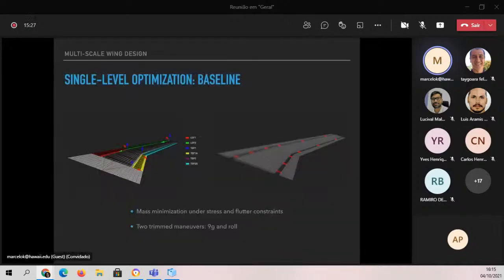So here's an example of applying that for aircraft design, and this is a single level baseline simulation, and this is a very realistic model of a wing. So this is a real wing that has been studied by Lockheed Martin in a multi-million project with the Air Force, and this is the same model that they are using, but they consider 9 trimmed maneuvers. In this particular example, we are just considering 2 because we want to just demonstrate the technology. Having 9 does not change anything, except it takes longer to calculate.